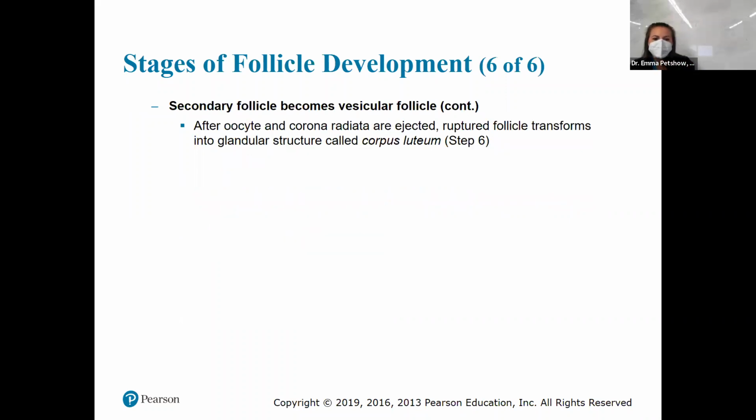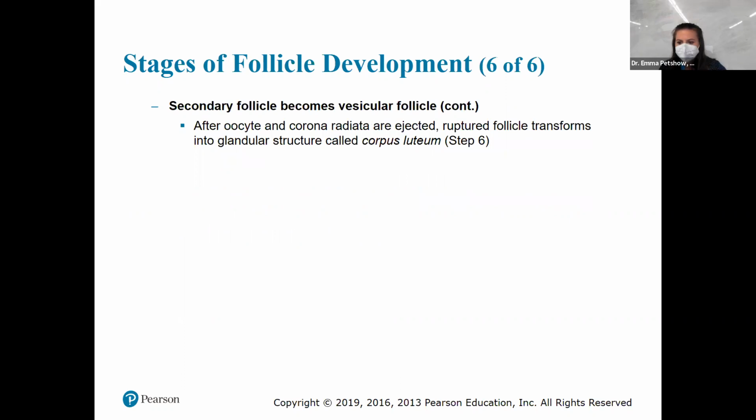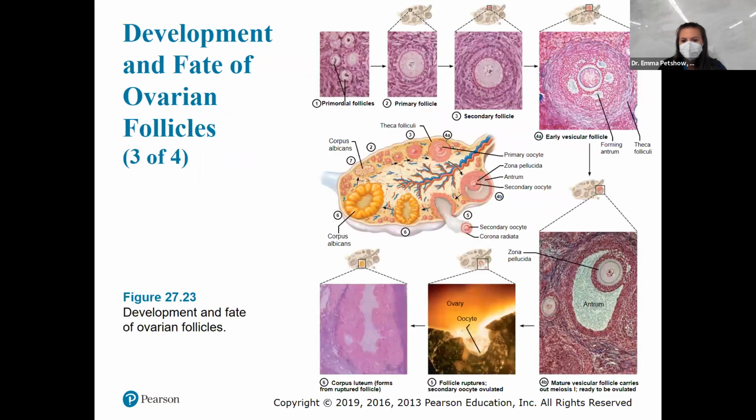Once our secondary follicle becomes our vesicular follicle, that's when the process is going to occur. I don't want to talk too much more about these other components. I don't think they'll ask you about them, or it's not worth your brain.